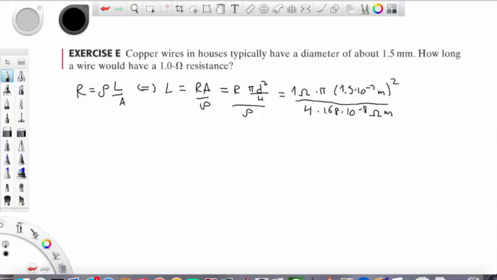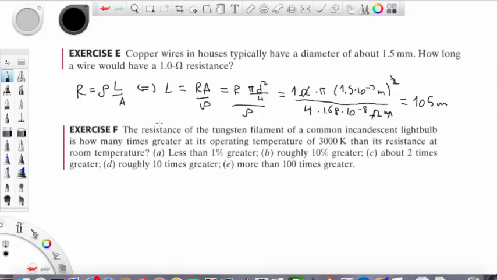So the room temperature value of resistivity is assumed here. What happens to the units? So ohms cancel, meter cancels one of these meters here. So we are left with a value of about 105 meters.